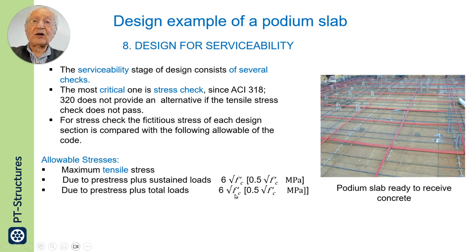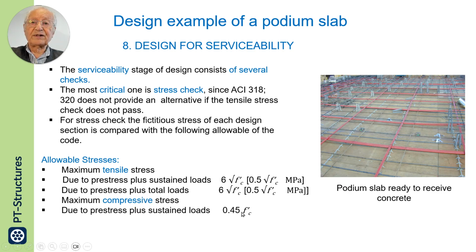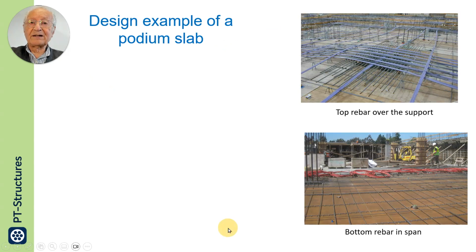This is again allowable value for total load. ACI does not differentiate between sustained and total when it comes to allowable stresses in tension. ACI does make a difference for compressive stresses, which is more for sustained, less for allowable.